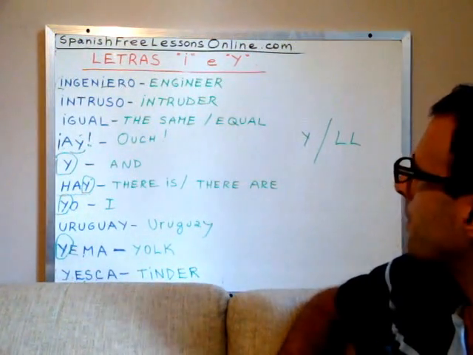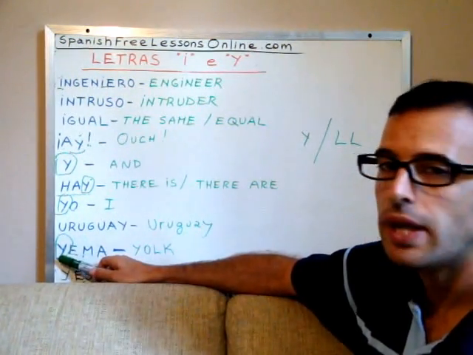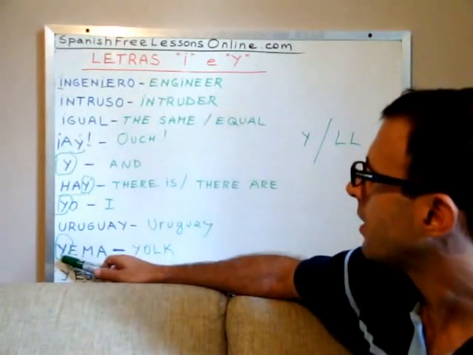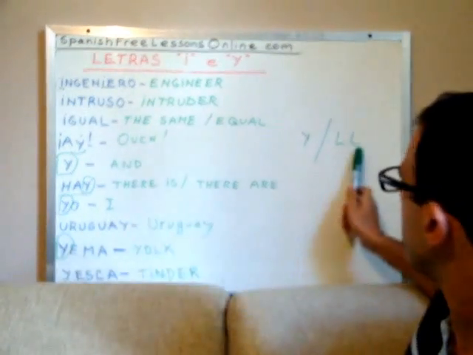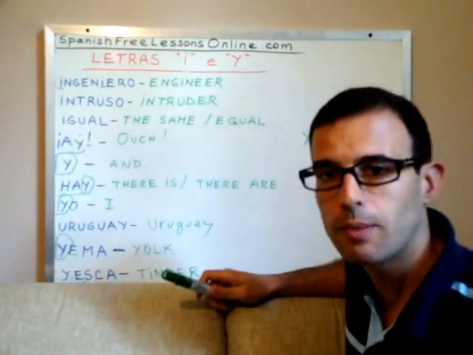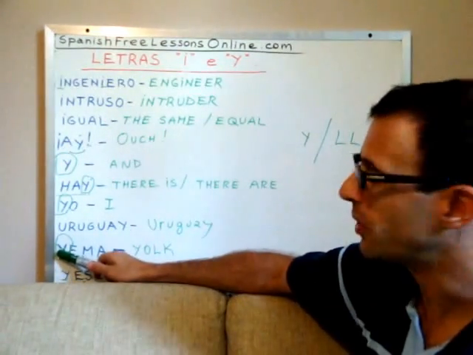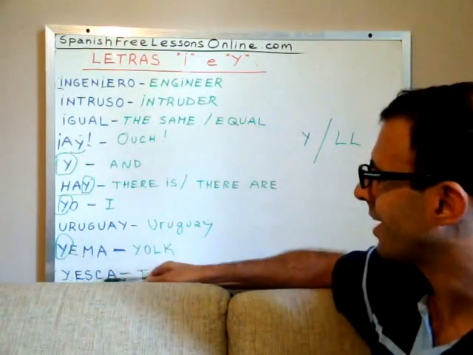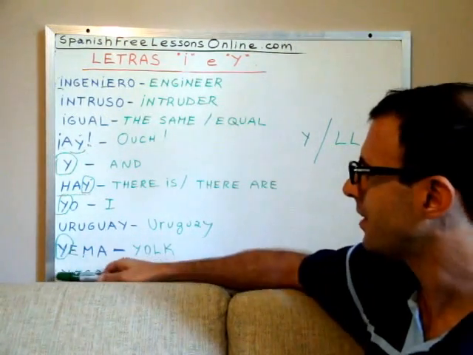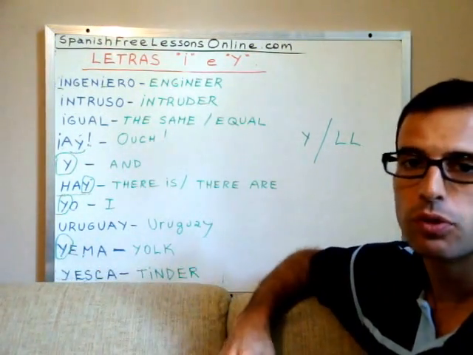So here we have to know that this yema is written with Y and not with double L, because the pronunciation would be the same one, right? However, it's written with Y. Here also, Jeska, tender. Jeska is written with Y, not with double L.